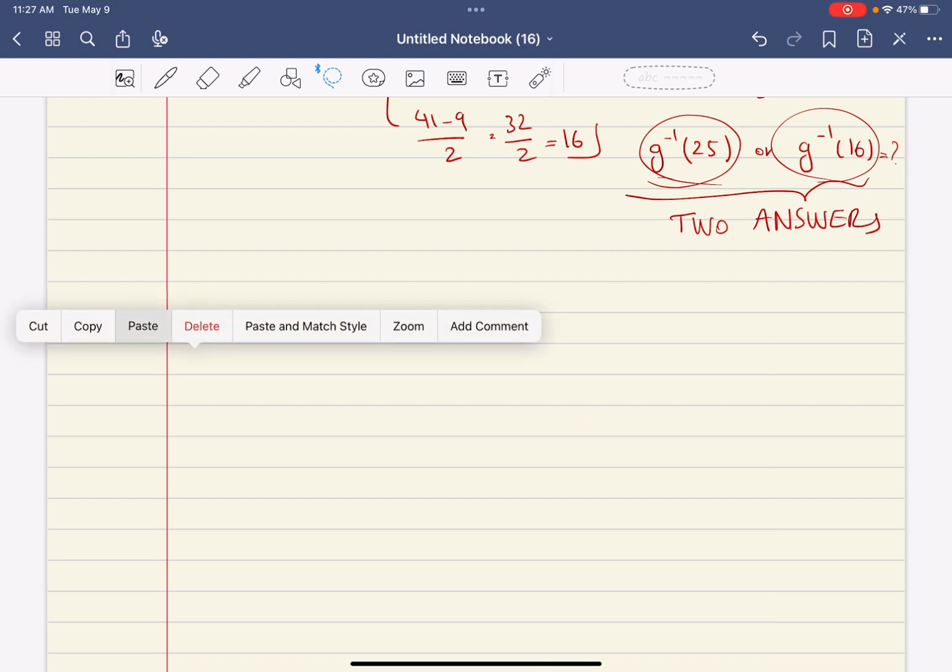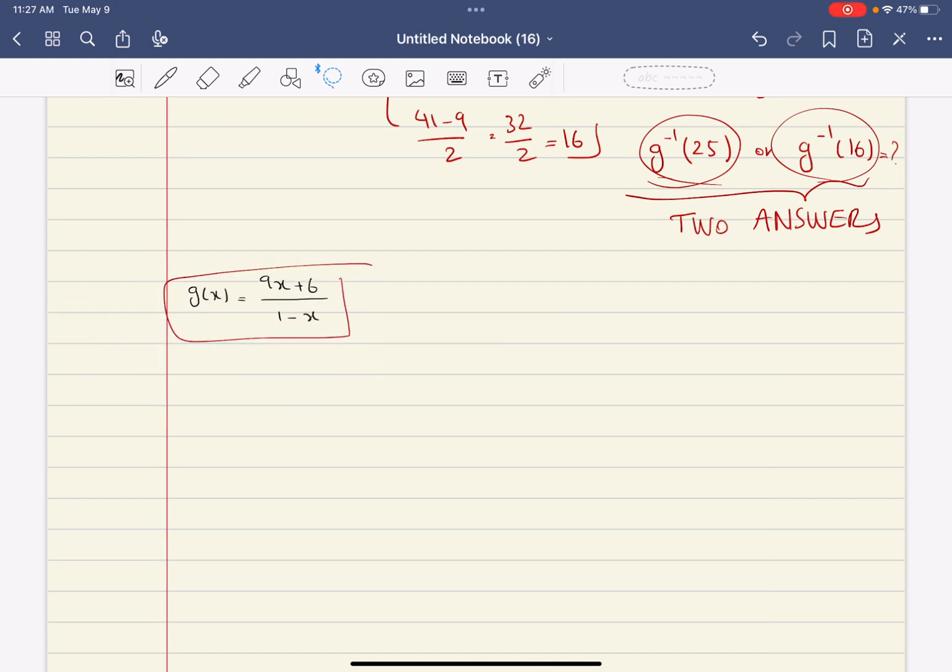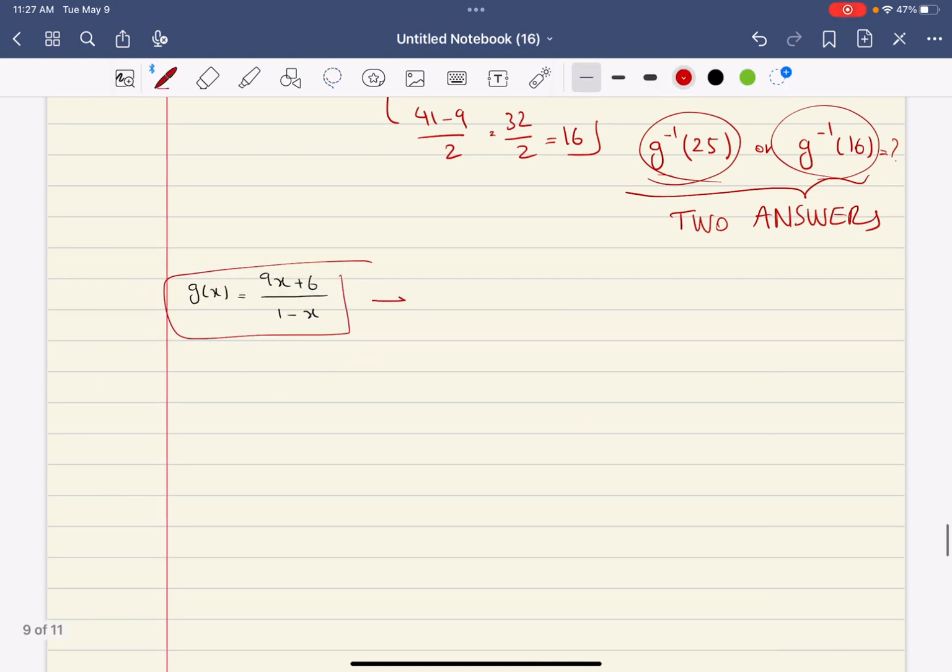So to find the inverse, again, this is y equals a function of x. We need to find x equals a function of y. So we are going to do the same thing as we did for f. y equals 9x plus 6 over 1 minus x. So I'm going to multiply both sides by 1 minus x.